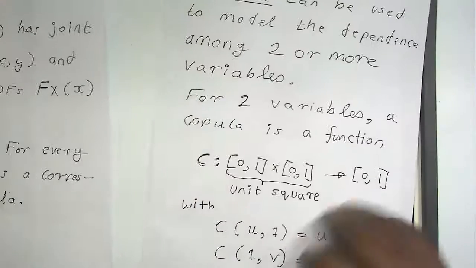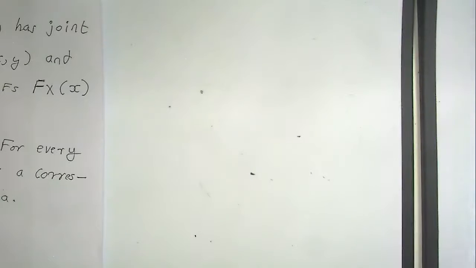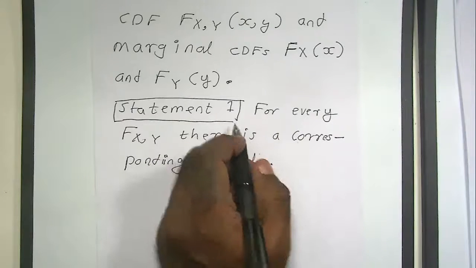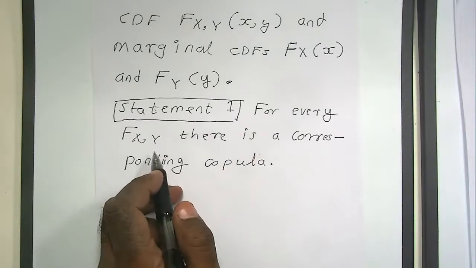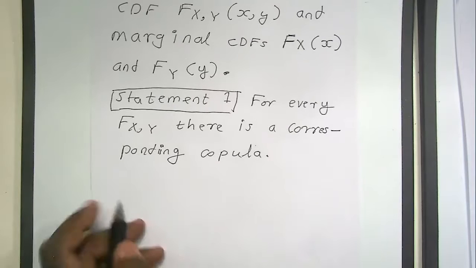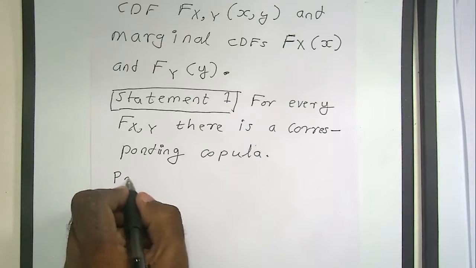Now, I'm sorry for switching, but let me go back to the next slide, which was this one. What I said here, guys, is statement number 1, which says that for every F_{X,Y}, there is a corresponding copula. Now I'm going to prove this statement.